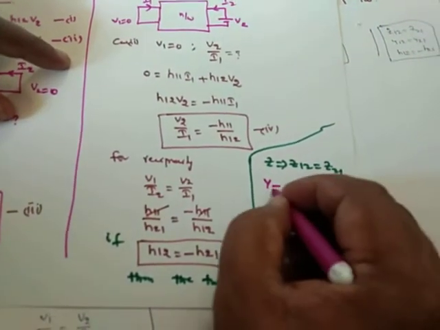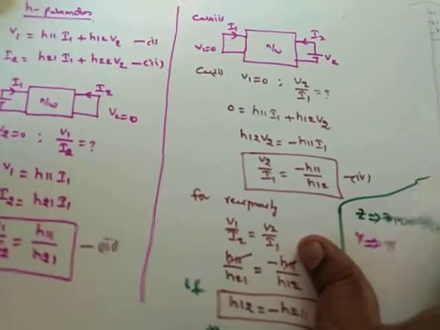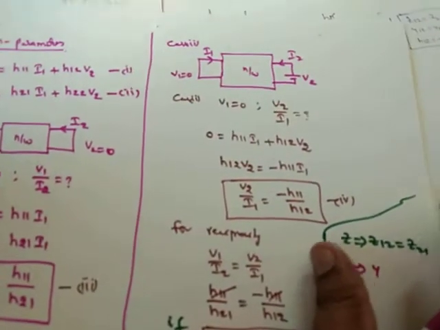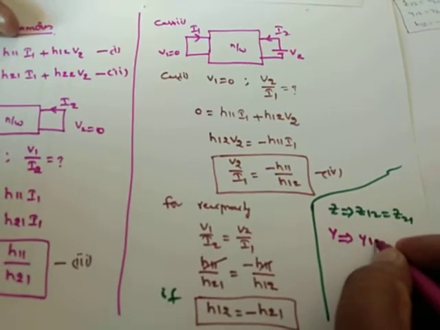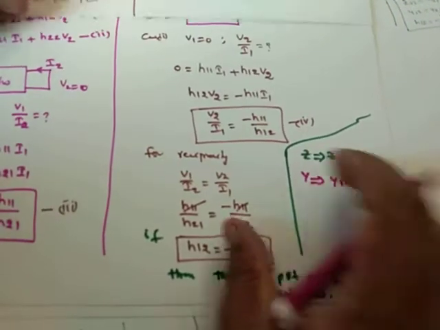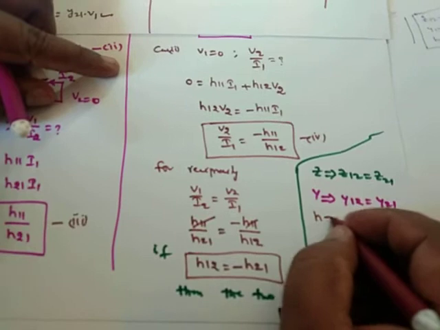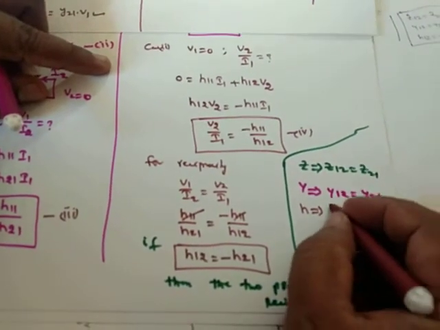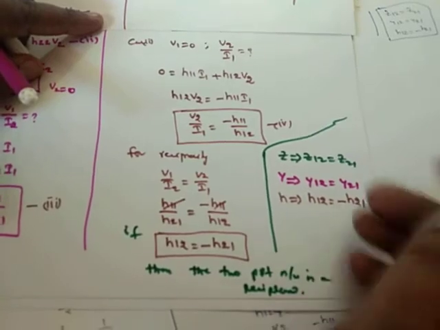Whereas in Y parameters, which we just derived here, Y12 is equal to Y21. Then coming to the H parameters, H12 is equal to minus H21.